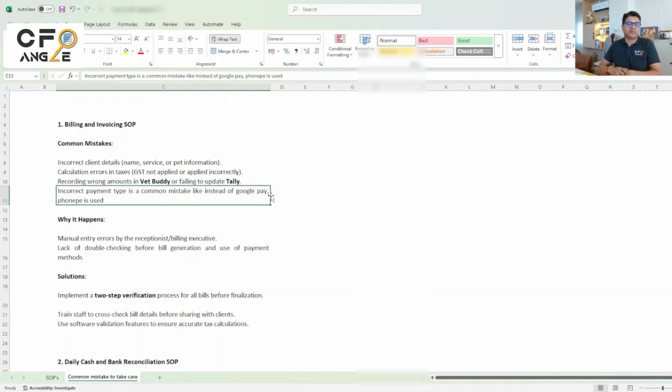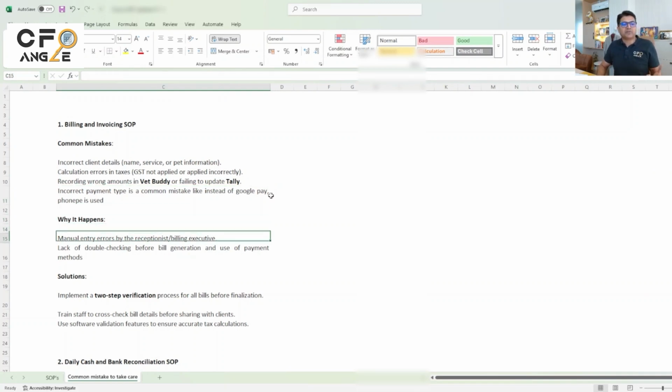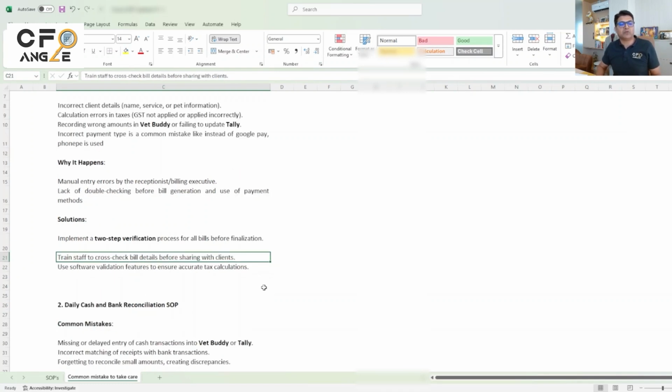Why it happens: manual entry errors by the reception and billing executive, lack of double checking before bill generation, and misuse of payment methods. Solution: implement a two-step verification process, train staff to cross-check bill details before sharing with the client, or use software validation features to ensure accurate billing.